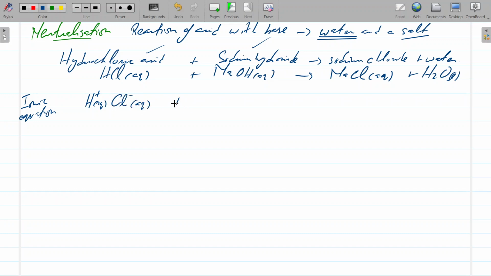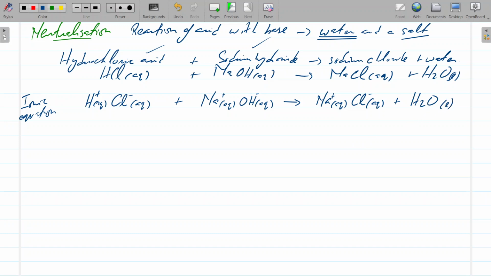So H plus aqueous and Cl minus aqueous, plus Na plus, also aqueous, and OH minus, also aqueous, giving us NaCl. So you've got Na plus aqueous, Cl minus aqueous, plus H2O. You don't have that in the ionized form, and that is a liquid, obviously.